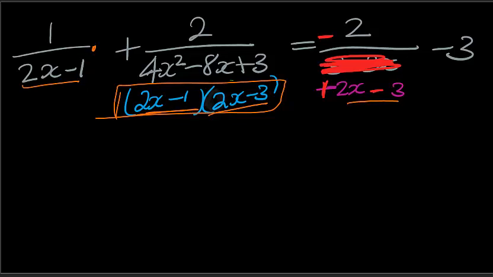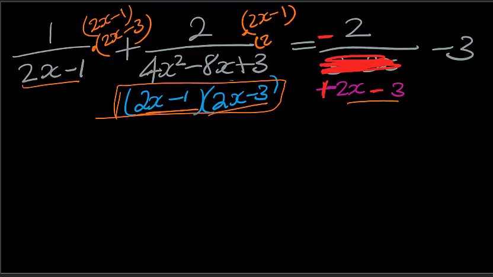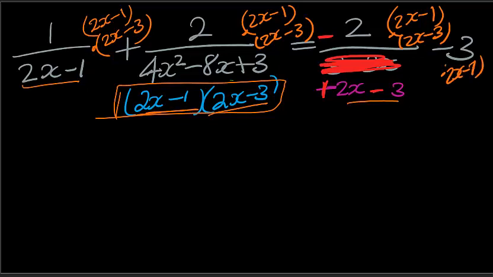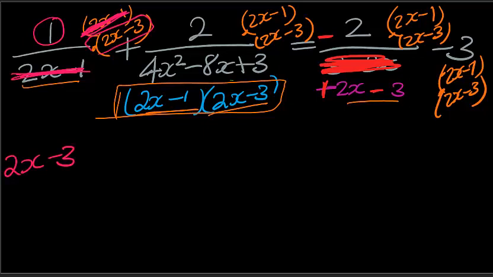So let's multiply by 2x minus 1 times 2x minus 3 on every term. All right, first one: minus 1 cancels with minus 1. So we have 1 times 2x minus 3.